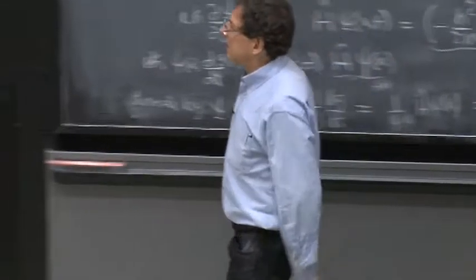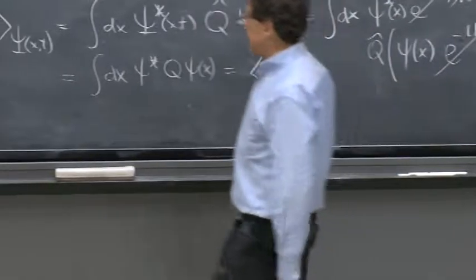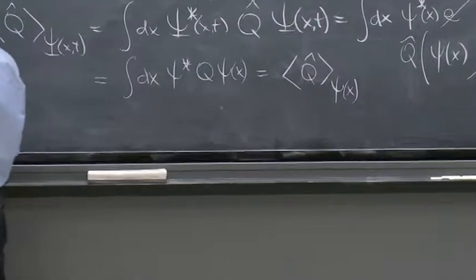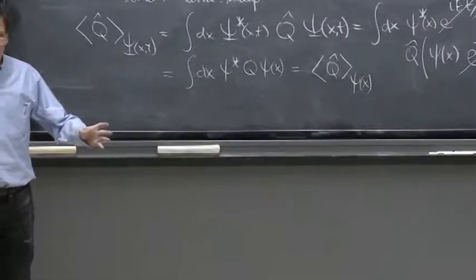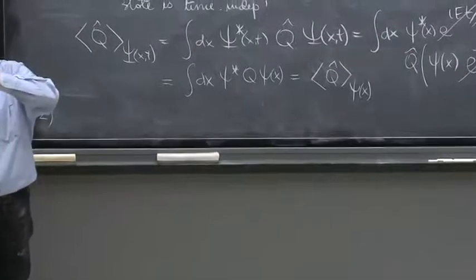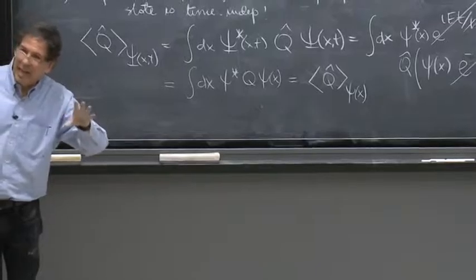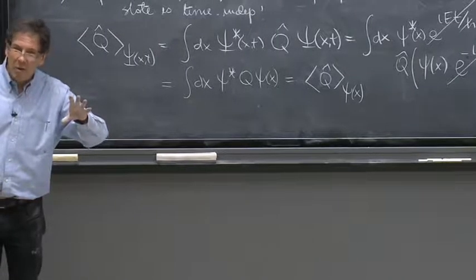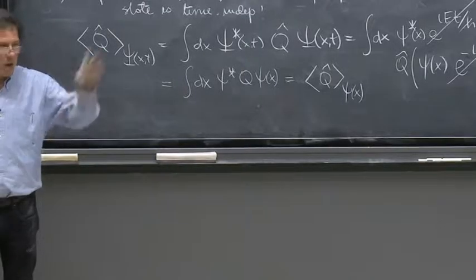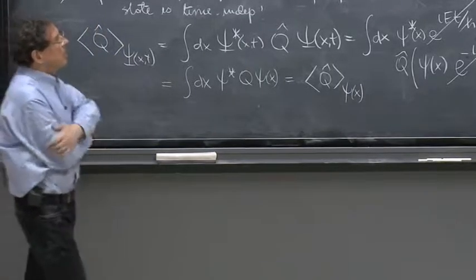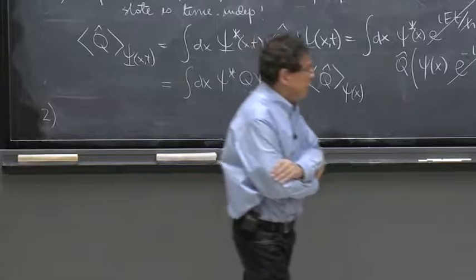The second comment is kind of a triviality, but it's important to emphasize. Superposition is always true, but the superposition of two stationary states is or is not a stationary state? No. Good. It's not a stationary state in general because it's not factorized.